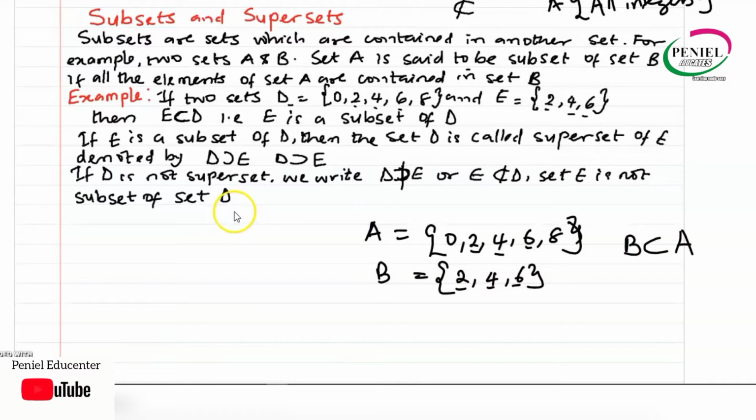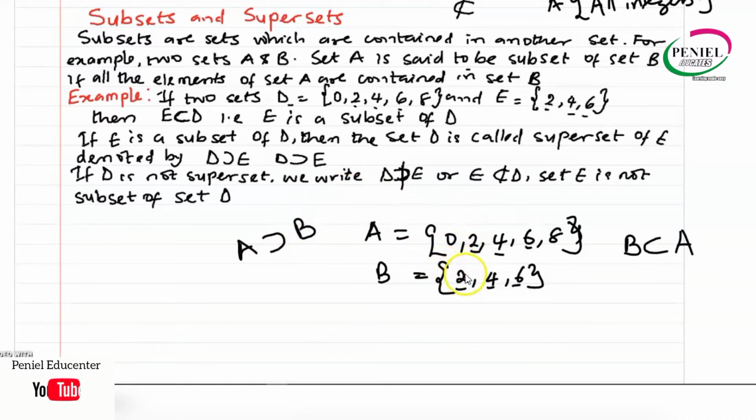Now, if B is a subset of A, then A can be called a superset of B. You denote it like this: A is a superset of B. Why?